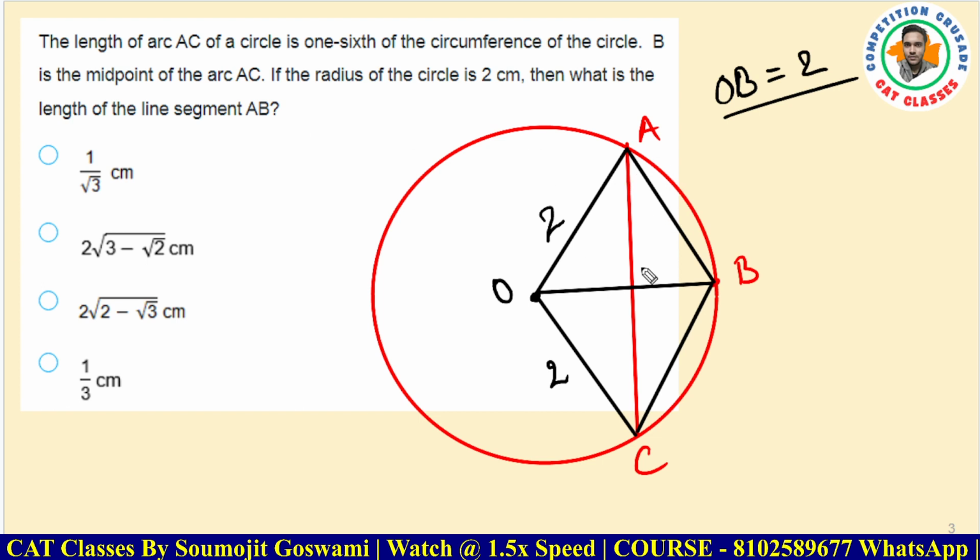Fine. One thing that I know is that this chord AC will get bisected the moment I draw a perpendicular. Perpendicular we are only drawing because this is a line from the center to the chord, and it will basically bisect the chord. This is a property of this thing.